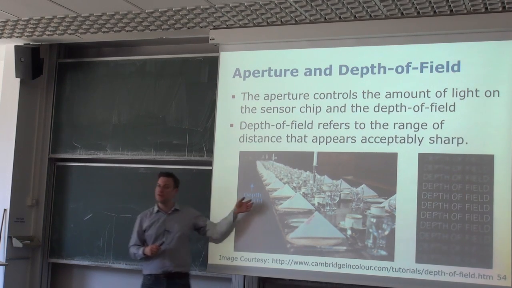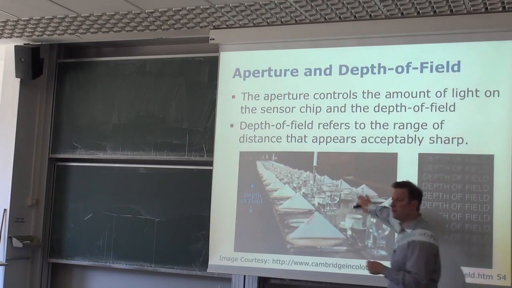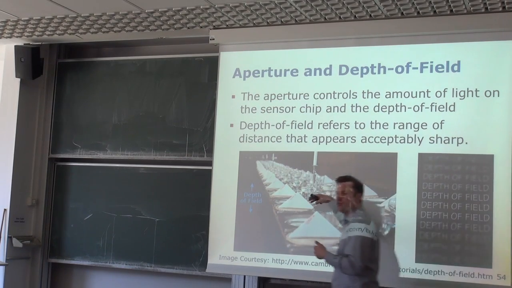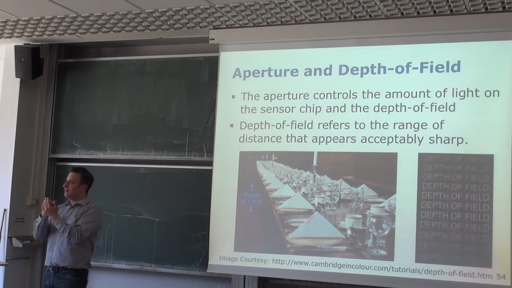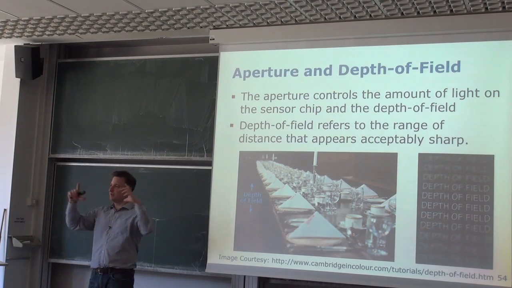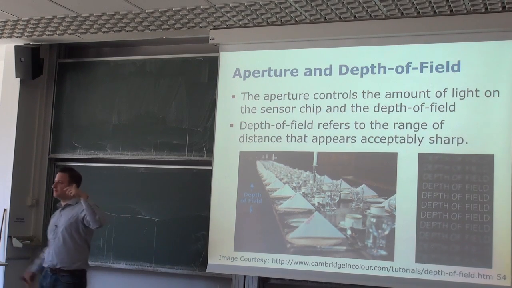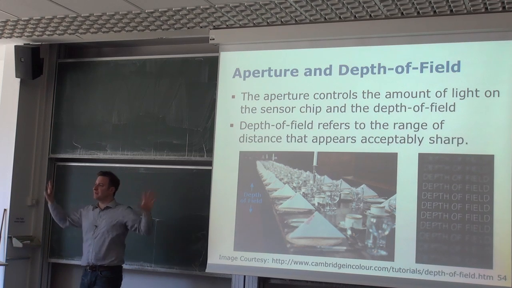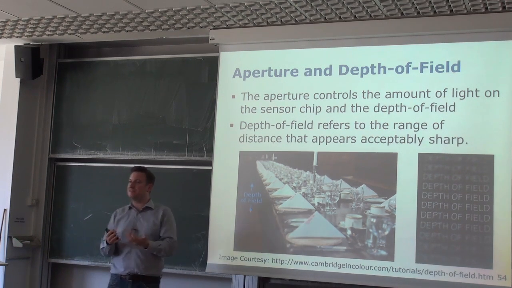And in photography, if you want to generate beautiful pictures, you can use this, for example, by putting focus on the face of a person. If you open up the aperture so that the hole gets larger, you have a very small depth of field. So, for example, a face is sharp and everything is blurry, which you can use in order to generate nicely looking images.